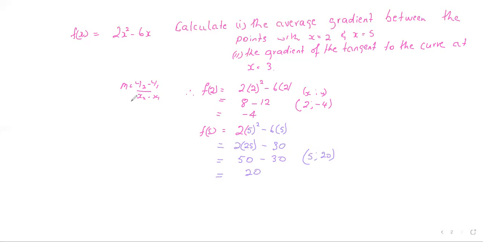Using the basic thing there, we say y2 is 20 minus y1, which is this one here. Don't forget the first negative sign is that which comes with the equation. And then this one here is because of the minus 4 there. And then here we'll have 5 minus 2.